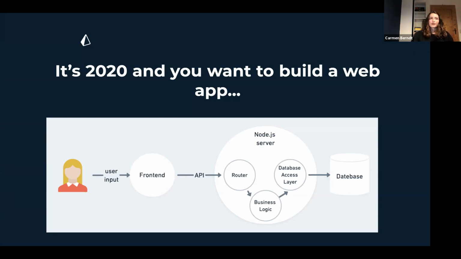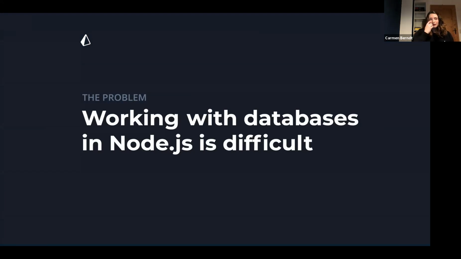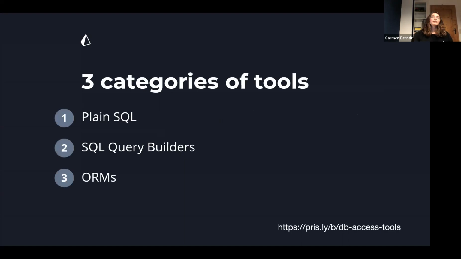And probably the most common would be you just build it yourself, you pick a database technology like Postgres or NoSQL. But the main point I'm trying to make here is that the database technology influences almost every decision about your application, which leads us to the main challenge in the Node.js ecosystem, which is that working with databases in Node.js is difficult. And why is that?